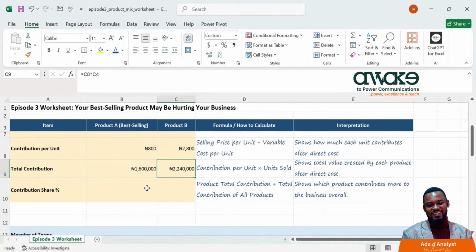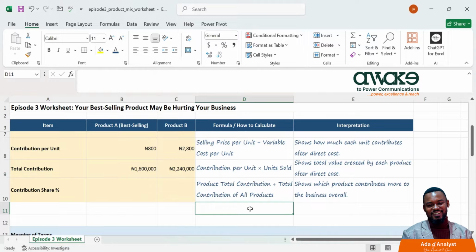So let's see the contribution share. To see the contribution share, we are going to look at the product's total contribution divided by the total contribution of all products. So we can see the share for product A and the share for product B. That means we have to determine the denominator, which is the total contribution of all products.